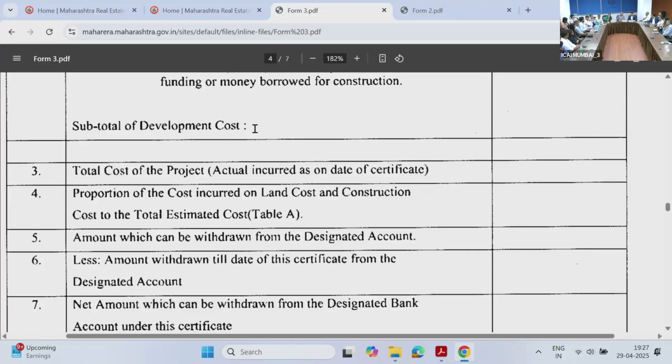Expenditure incurred, suppose 100 crores. Cost of project, cost incurred, suppose 100 crores. 30 crores is outstanding. Suppose 70 crore has been withdrawn, or 80 crore has been withdrawn, then 20 crore is the eligibility for the promoter.